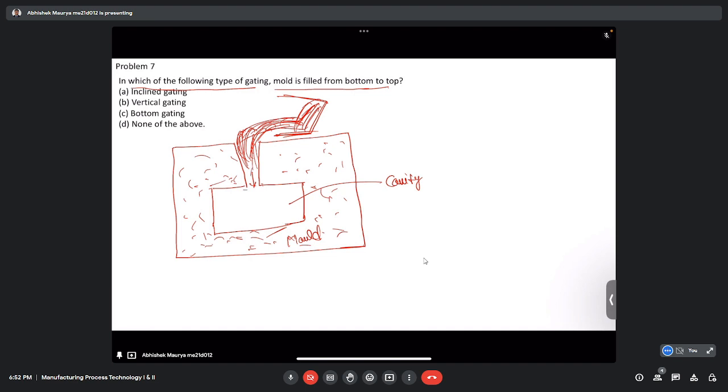So here this is the gate through which metal will enter inside the cavity. This kind of gating system is called vertical gating. This kind of arrangement of filling the mold from the top side is called vertical gating.